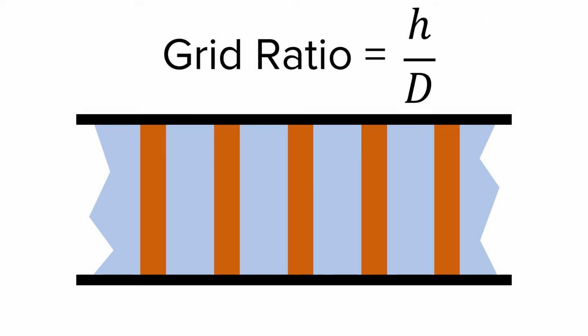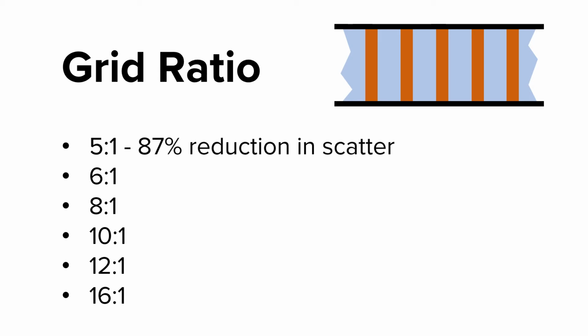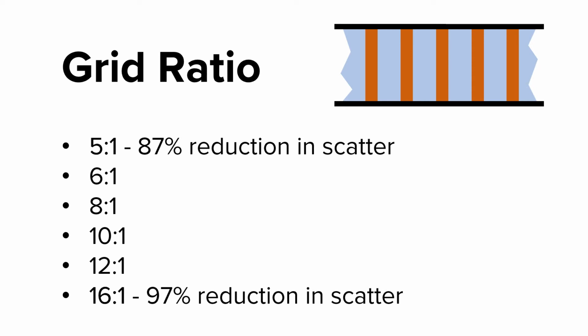When we discuss grid ratio, it is the height of the grid to the distance between each lead strip. Grid ratios range from 5:1 to 16:1. A 5:1 grid will remove 85% of scatter radiation, whereas a 16:1 grid will remove 97% of scatter radiation.